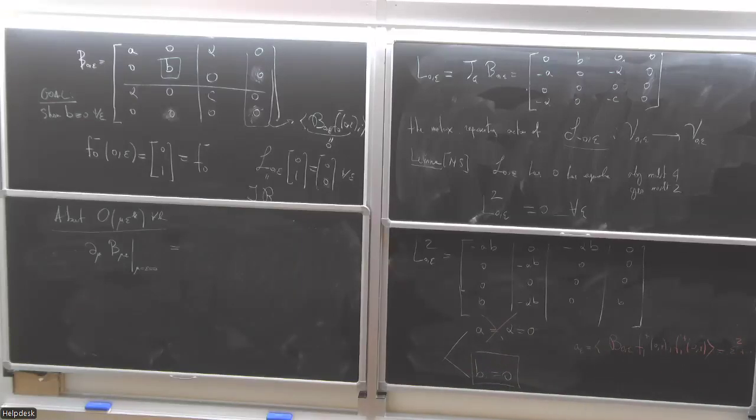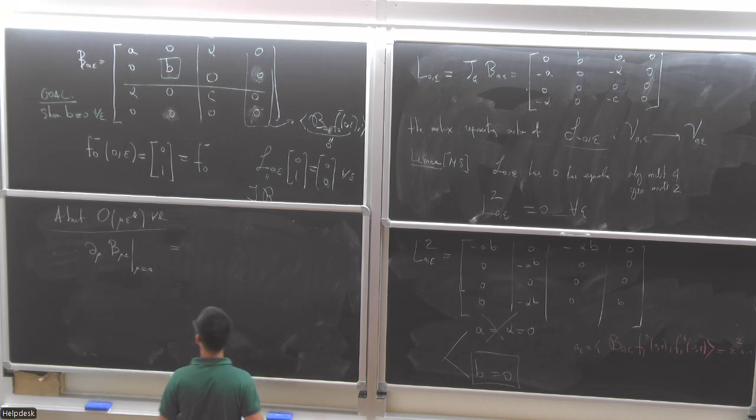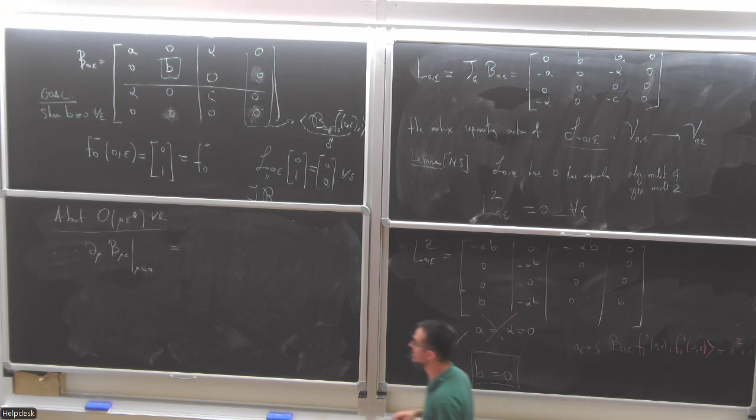You have to compute it at mu and epsilon equals 0. Ah no, sorry, at mu equal to 0. You're right. At mu equal to 0, and I actually compute just this element. Not all of them, but this is the only element which I'm interested in.